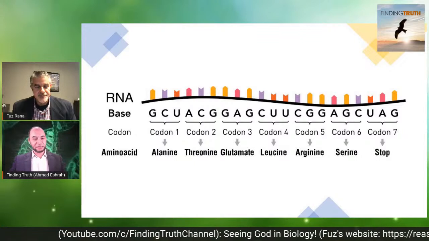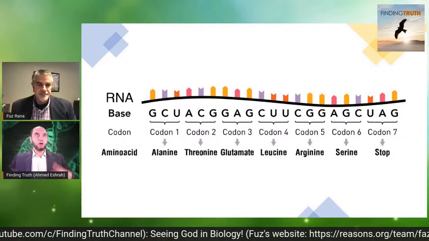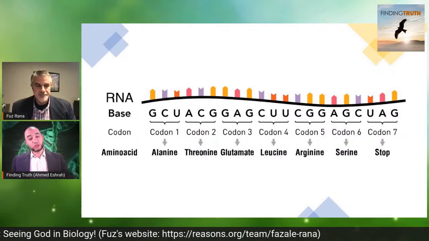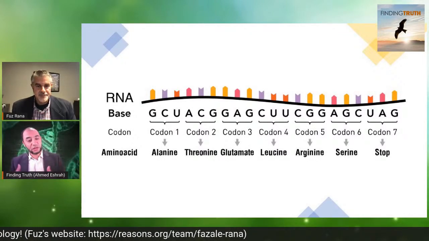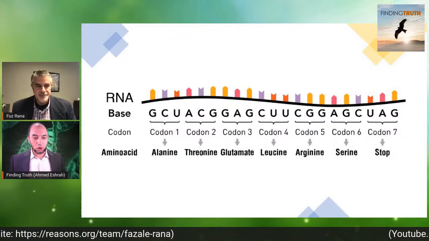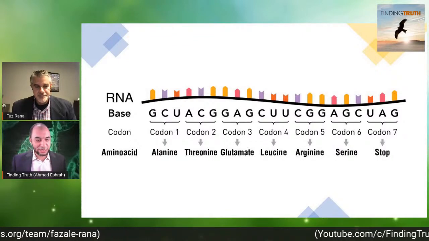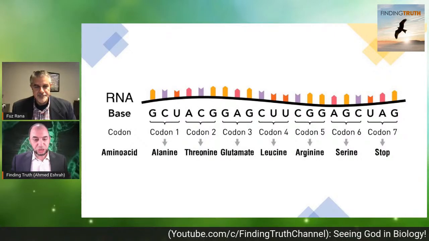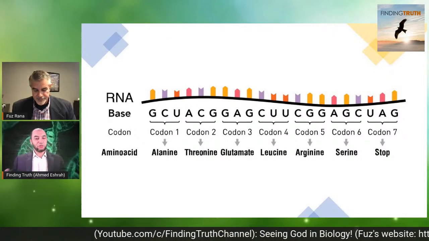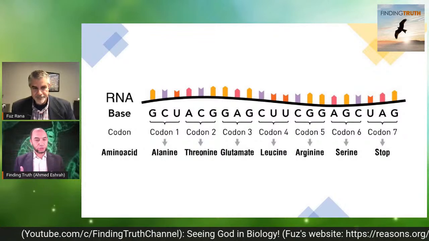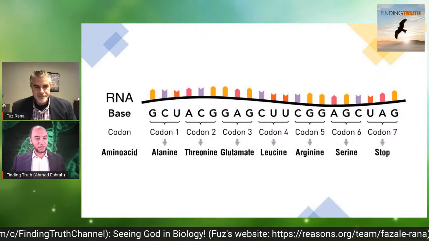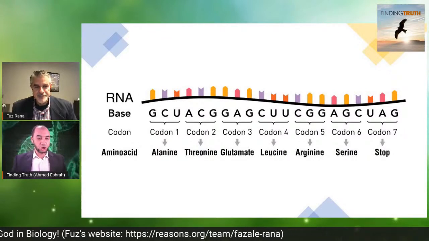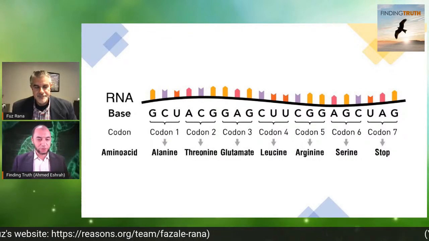And then the sentence or the novel, the poem would be the protein, or actually the collection of proteins that come out of reading the whole scroll, which is in this case the genetic strand or the chromosome or the whole genome. And then at the end of the day, each one of them is a verse in the poem. And at the end of the day, you have a complete poem, or you have a complete novel, which is a human being or a rabbit or a flower.